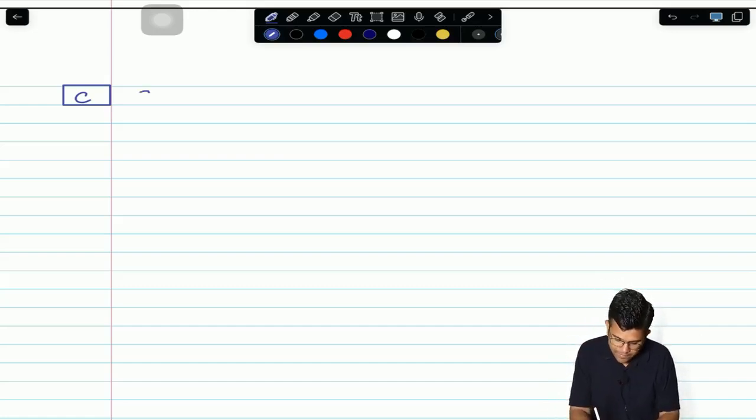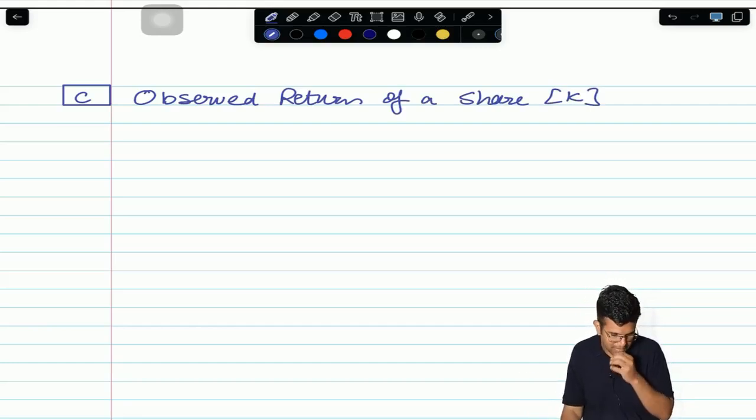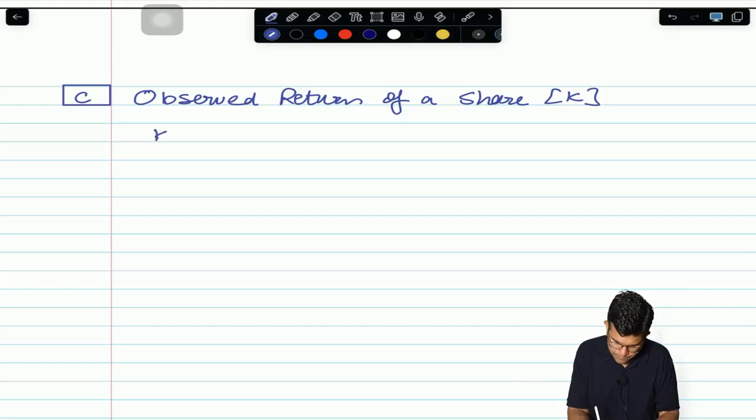Here give heading: observed return of a share, bracket capital K. I'll explain everything, don't worry. Capital K. K1 equal to P1 minus P0 plus D1 the whole upon P0 into 100.